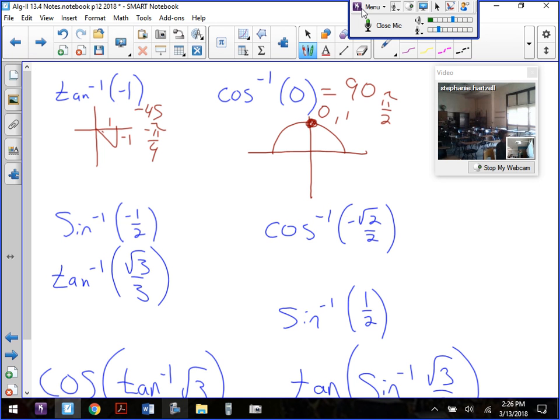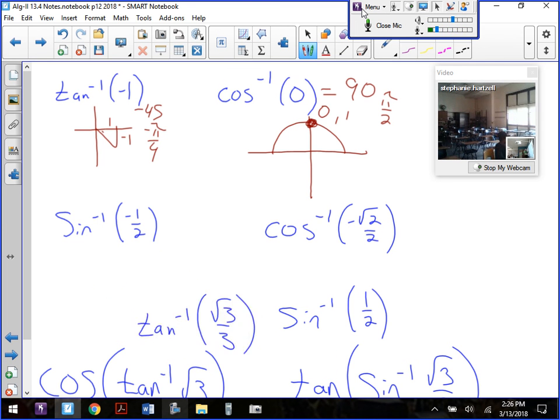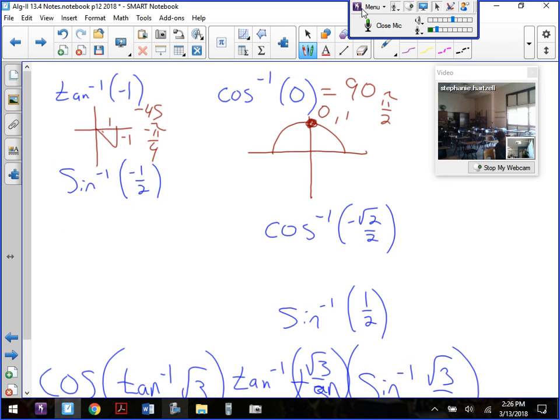Chimkey? What part? All of it. All right, we'll narrow it down then. All right, so here we go. Sine of negative 1/2. If sine is going to be negative, we know that it has to drop to the fourth quadrant. But in this case, it's somewhere between pi over 2 and negative pi over 2.